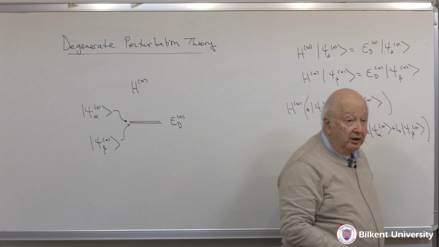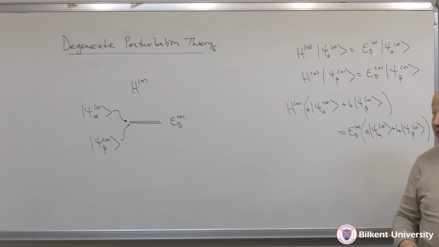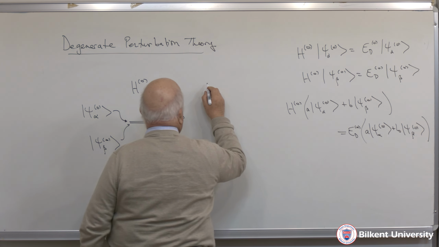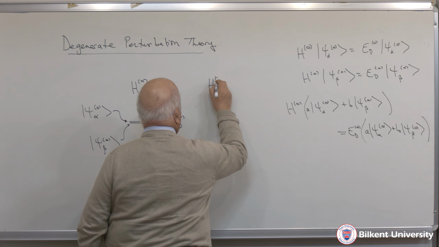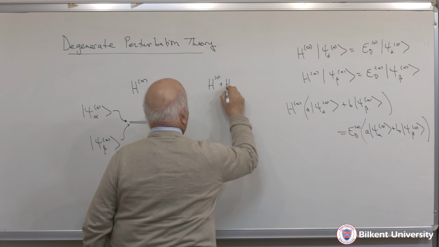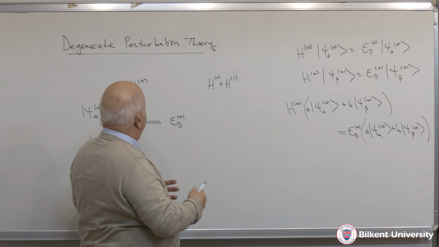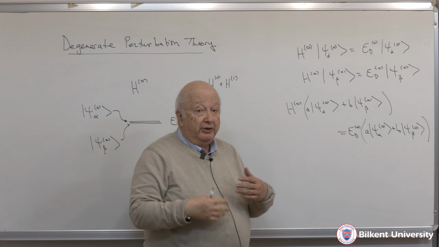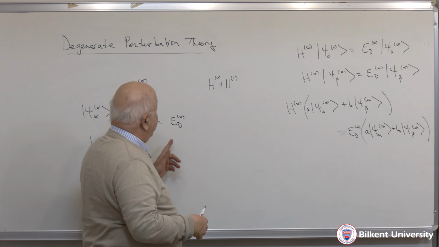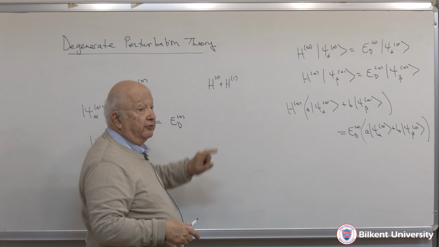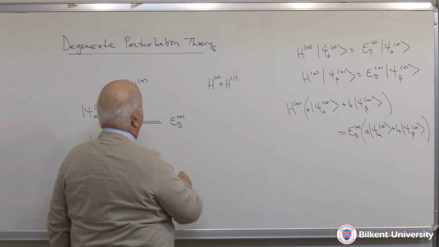an eigenstate. So what will happen is that when I have H0 plus H1, if this H1 that I am adding in as a perturbation is sufficiently different from H0, has different symmetries, etc., then I'm going to get two different energy states out of this one. So the degeneracy will be broken.